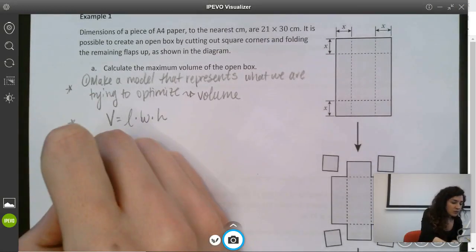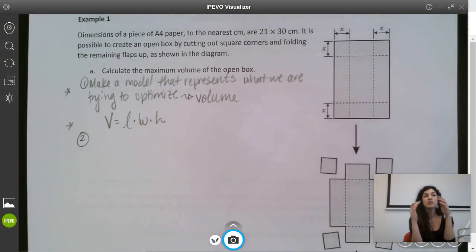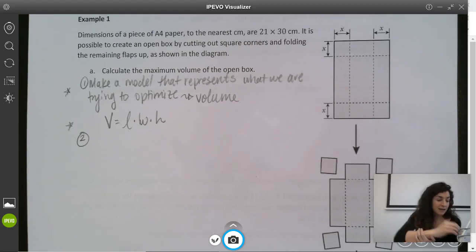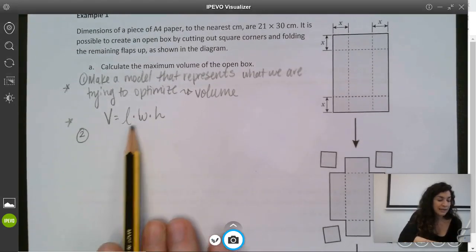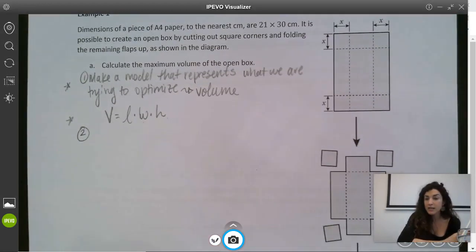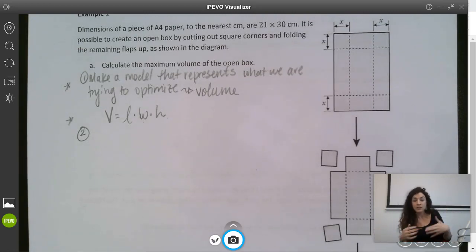Now we do have a situation here when we start with most of our models in these types of situations, where the model has more than one input, right? We have a V as an output, but length and width and height are all different inputs. And we don't like having more than one input because we like to have it be a function of X. We like to only see one variable in our relationship.